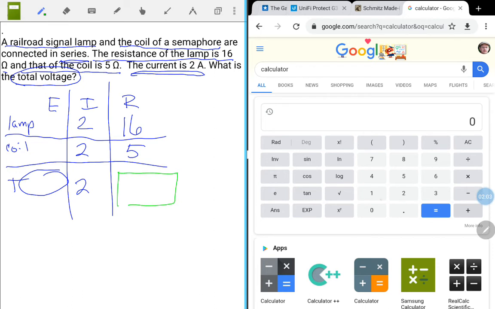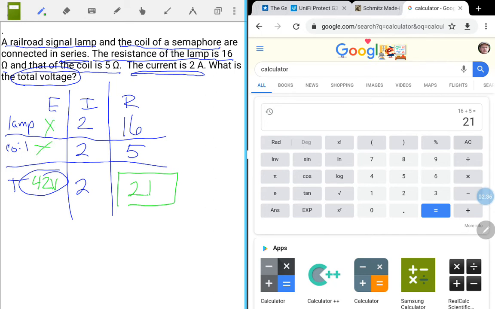So we're going to come over here to the calculator. 16 plus 5 is 21. And so this goes in here, 21. And 2 times 21 is 42. So the voltage of this circuit is 42 volts.